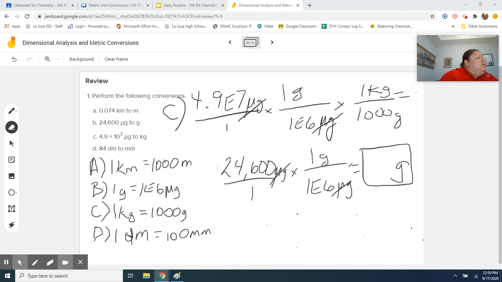It says here, you need to go to your home screen, go to apps, go to the tools folder, calculator.